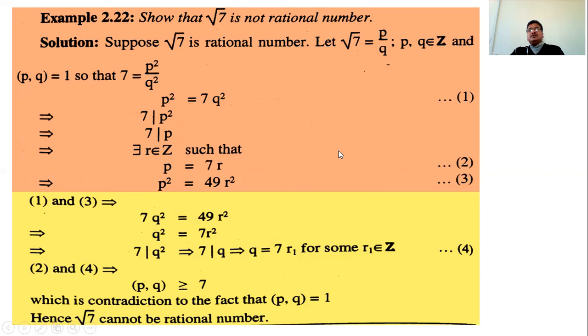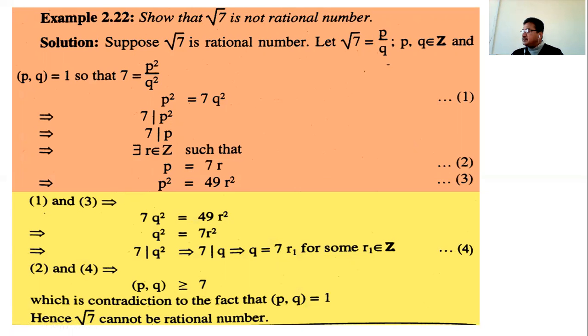For example, 3 by 2 is rational, 5 by 9 is rational. 5 is also rational because we can write it as 5 by 1. 10 is rational, as 10 by 1. Then 5.2 is also rational because we can write it as 52 by 10.